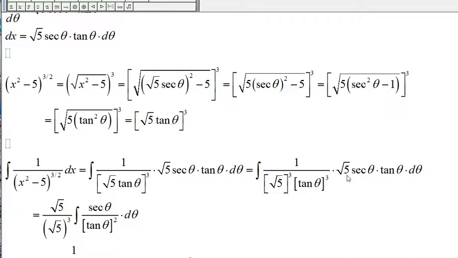So here we have the square root of 5 dividing by the square root of 5 to the third, which is 1/5. Tangent divided by tangent to the third is tangent squared in the denominator. And then we have secant.